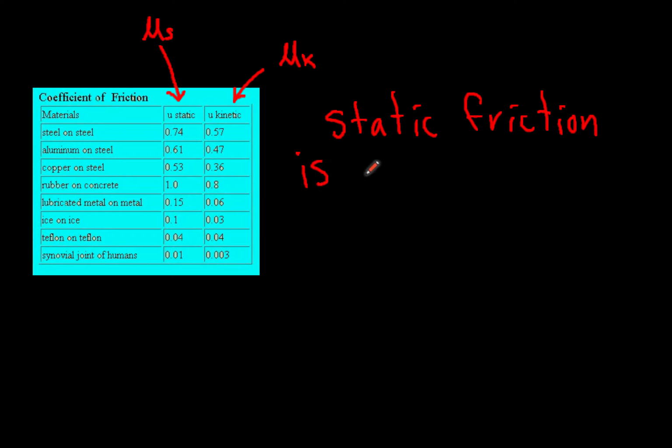Here's a table that shows some coefficients of friction. Mu static is given by a mu with a little s, and the kinetic coefficient of friction is given by mu with a little k. Static friction, as you can see on the table, is always greater than kinetic friction.